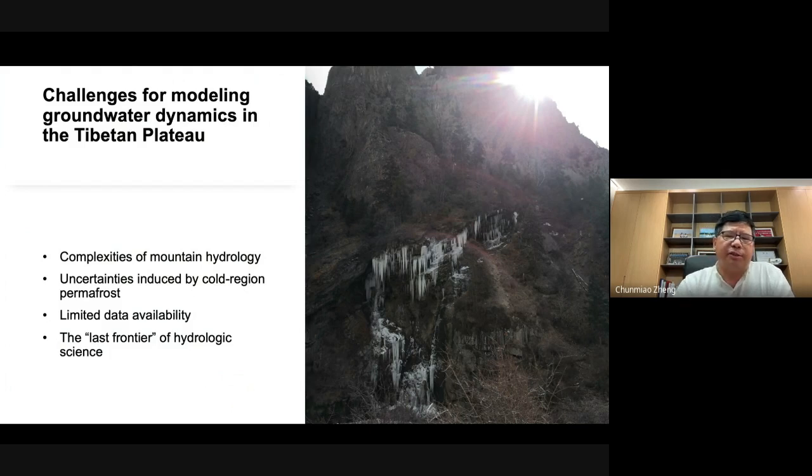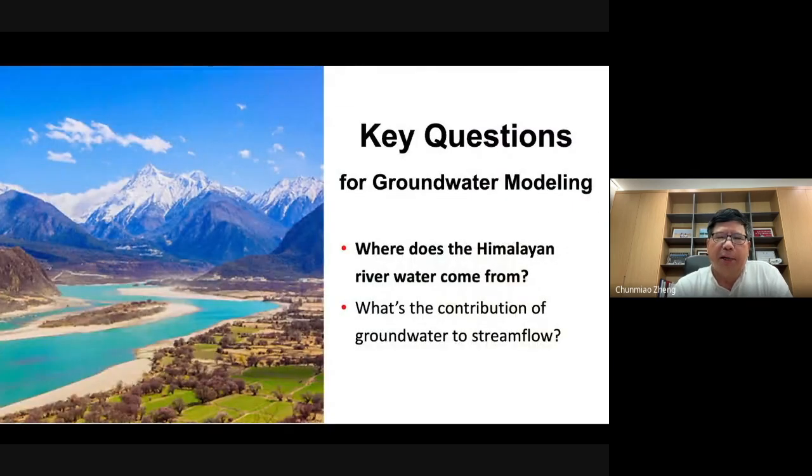So this region has been referred to as the last frontier of hydrological research, hydrological sciences. But we still need to study this type of region. It's very important, as I mentioned, for the water supply, for the global water supply.